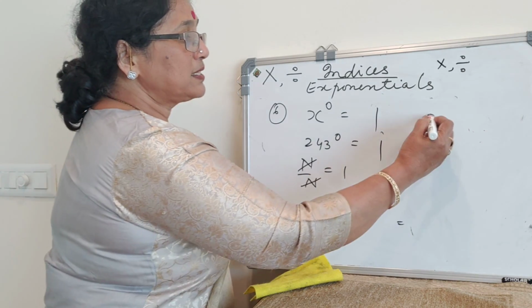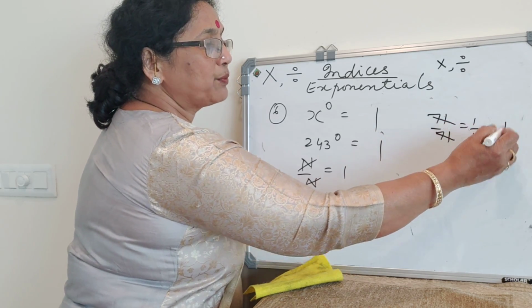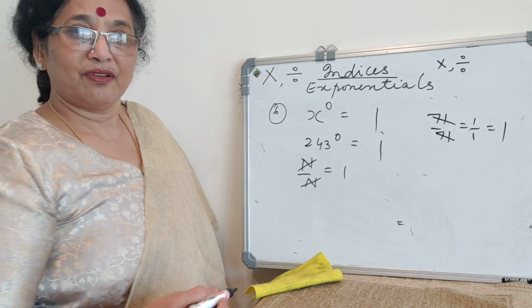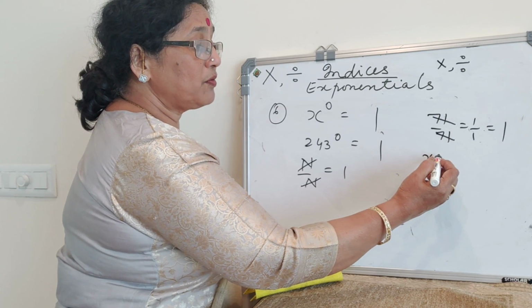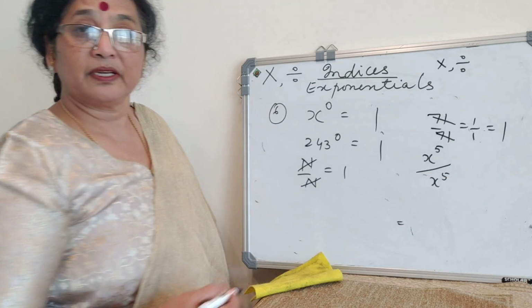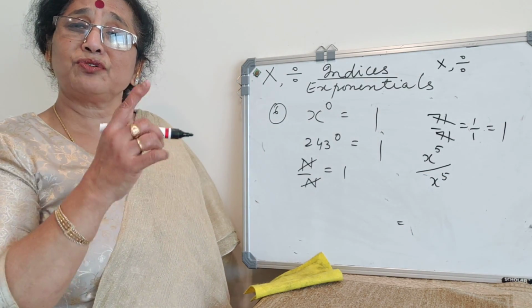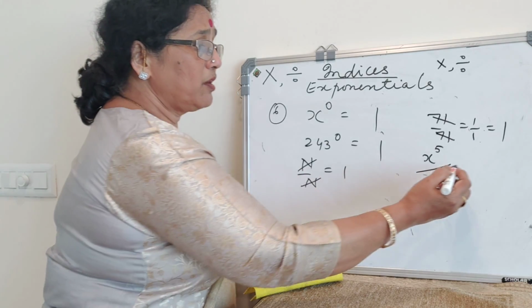Whether we take 71 by 71, we cut it, 1 by 1, we write it as 1. Whether we write x to the power of 5 over x to the power of 5, then also it is 1, because x into x into x into x into x over x into x into x into x into x, all the x's get cut, then also it is 1.